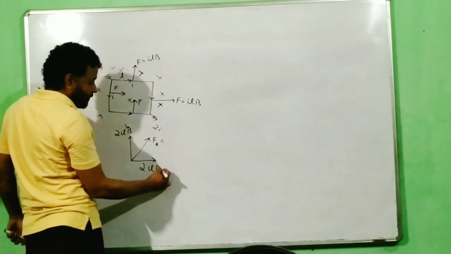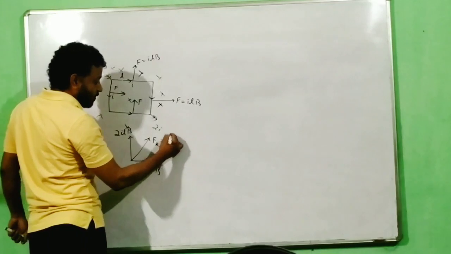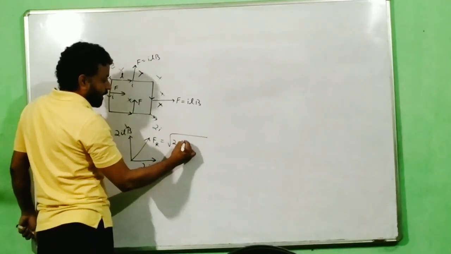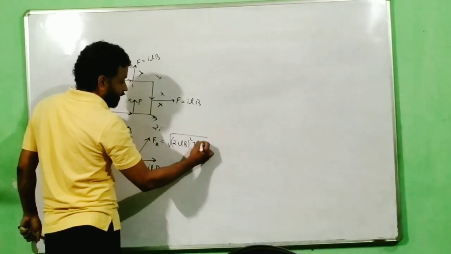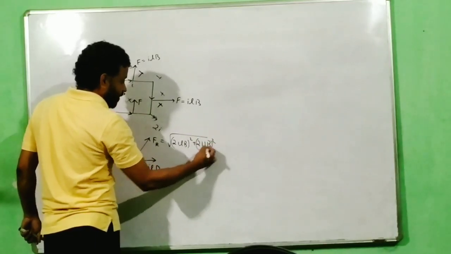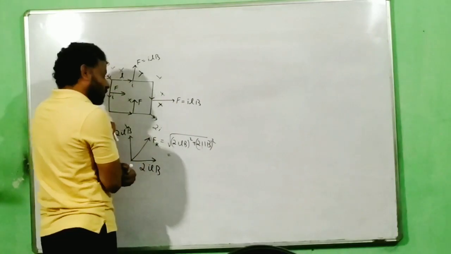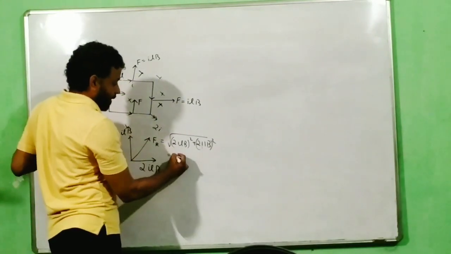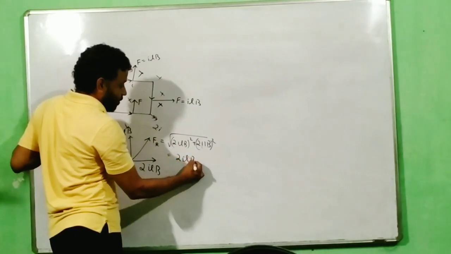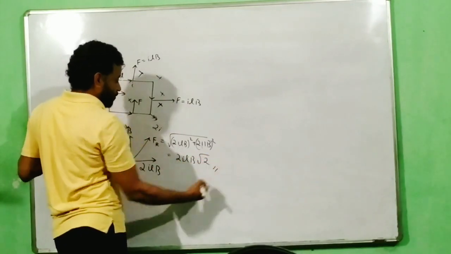And the resultant force, if I consider it, is root over of (2ILB) the whole square plus (2ILB) the whole square, and hence this will be equal to, I can take 2ILB common and then this will become root 2.